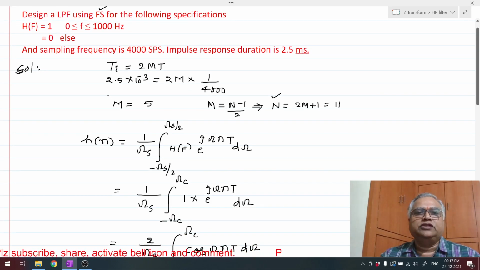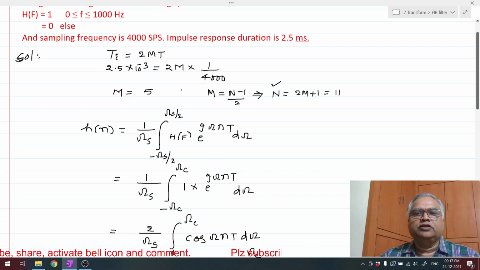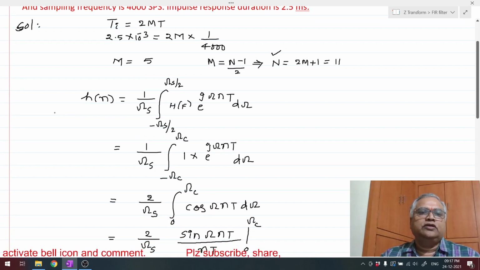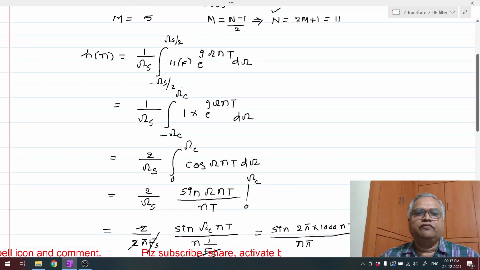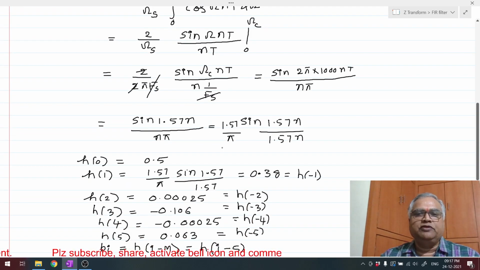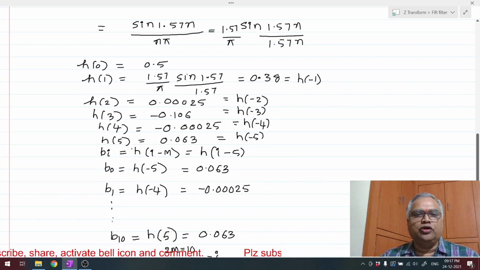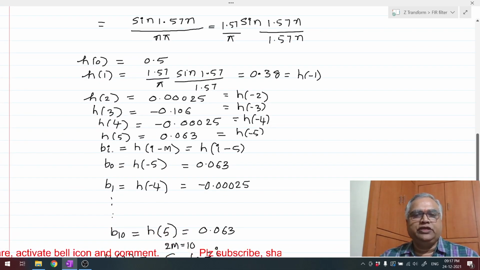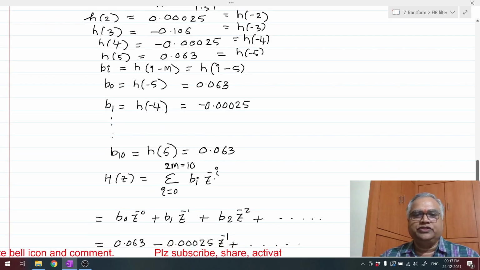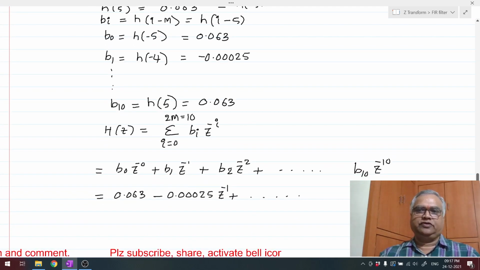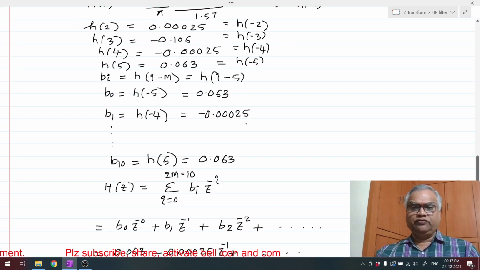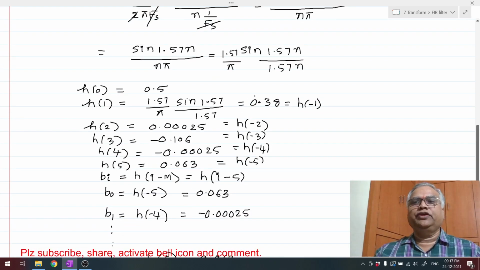With the help of this data, initially we find h of n, the formula for a low pass filter. Simplify, then find h of 0, h of 1. From that find b, then h of z. This is how we can finish the problem.